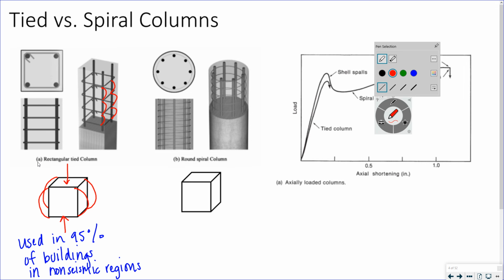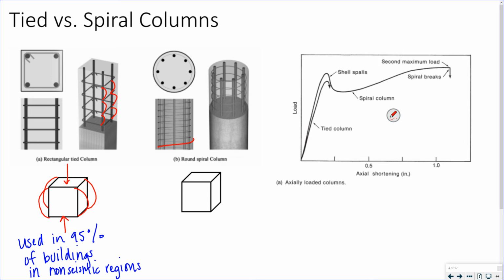Now, if we go to our spiral columns, spirals are generally going to be closer together, and you see they're right at a diagonal because it spirals up. So if you apply an axial load, that spiral tie is actually going to provide some confinement of your concrete core.